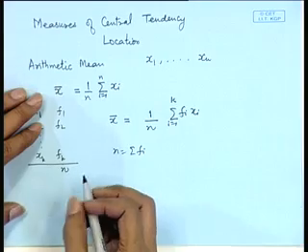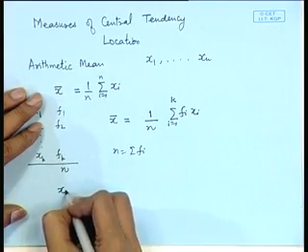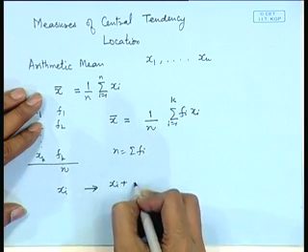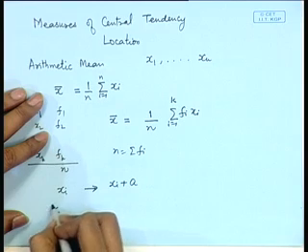I must comment here that the arithmetic mean is one of the most commonly used measures of central tendency. It is because of ease of calculation and also certain mathematical properties which it satisfies. For example, suppose in place of xi the values are shifted by a. Then what will happen to the average value x bar?